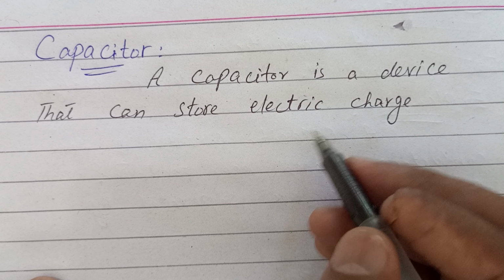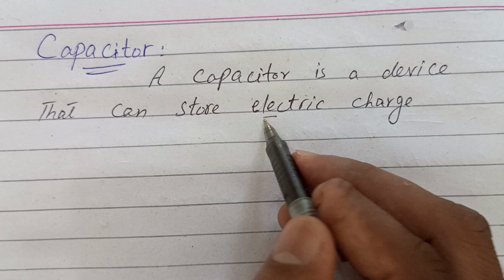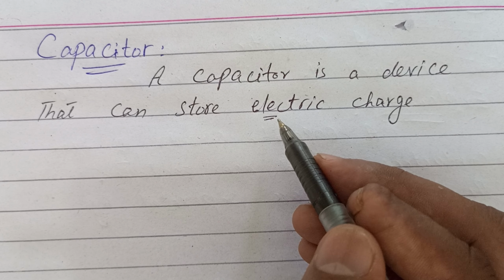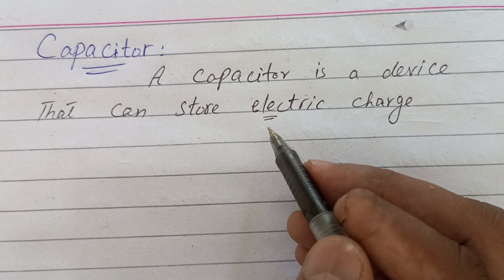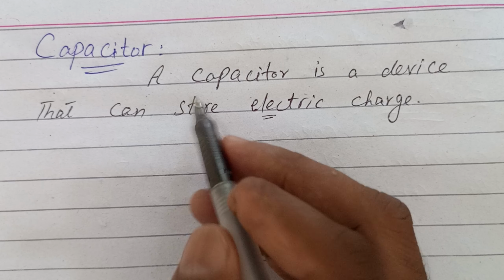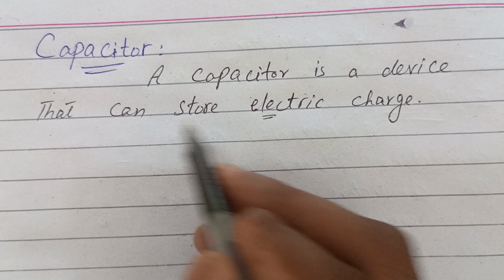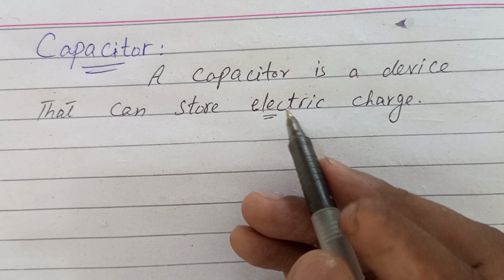How an electric charge is stored in a capacitor, I shall explain in the next lecture. In this lecture, I shall give the basic introduction of a capacitor. So, capacitor is a device that is used to store electric charge.